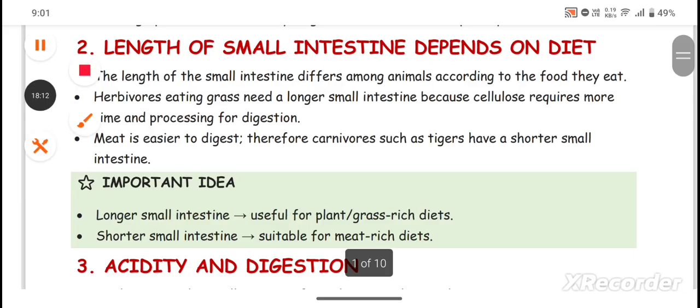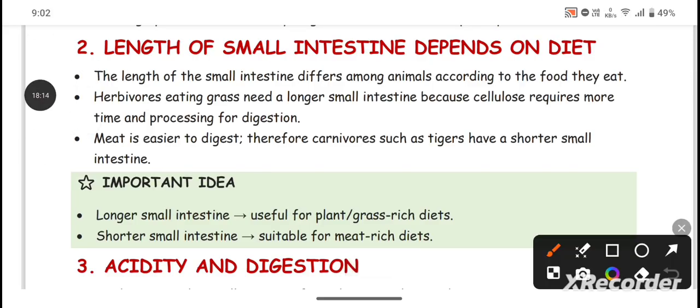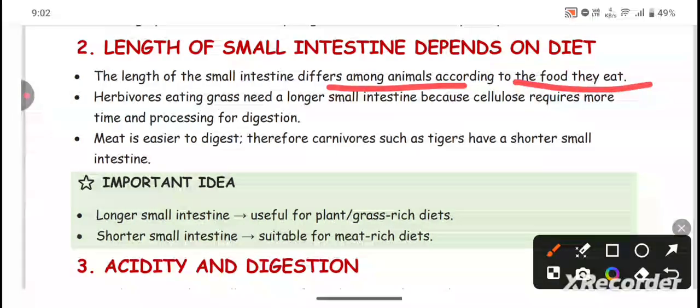When you observe, the length of the small intestine differs in different kinds of organisms, and the digestion and absorption in the small intestine depend upon the diet. The length of the small intestine differs among animals according to the food they eat.